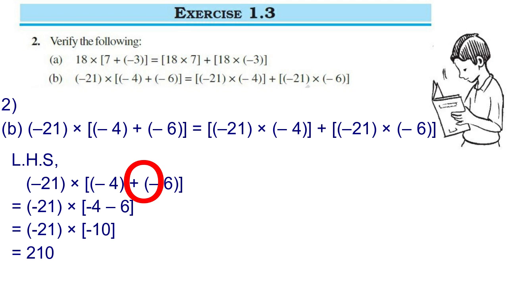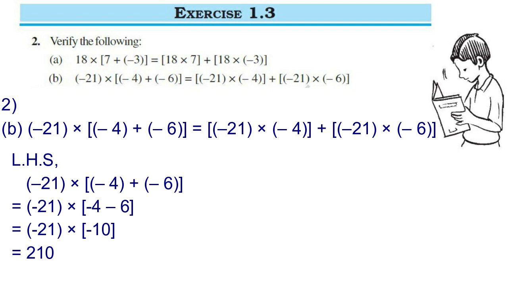Again we write equal to minus 21 into (minus 4 and minus 6 equal to minus 10). So minus 21 into minus 10, minus into minus equal to plus, and 21 into 10 equal to 210. So the value of LHS equal to plus 210.